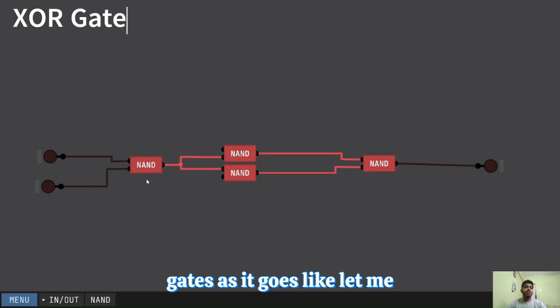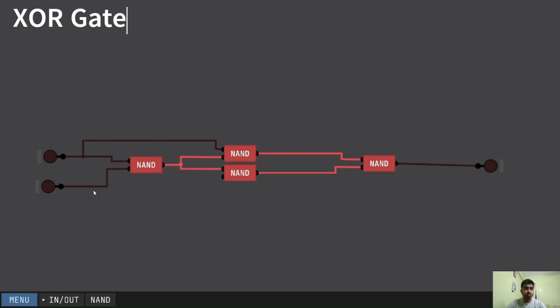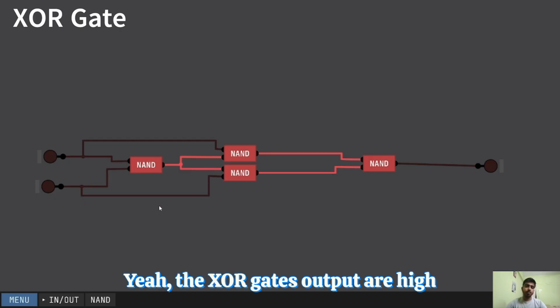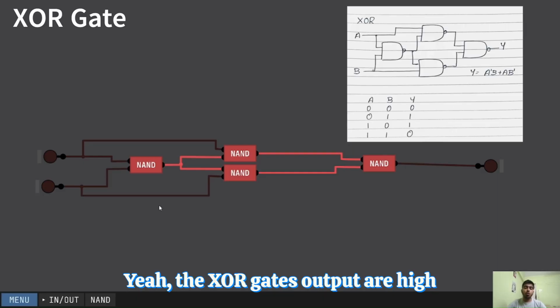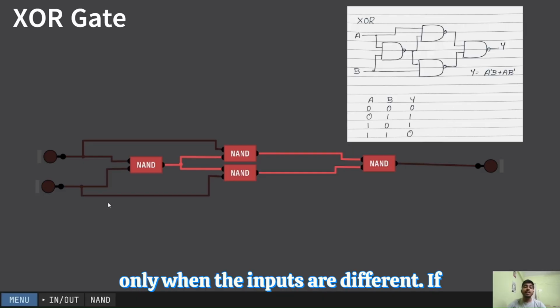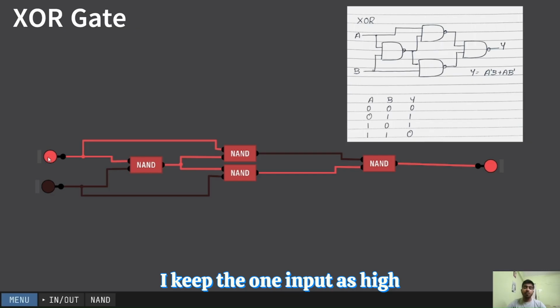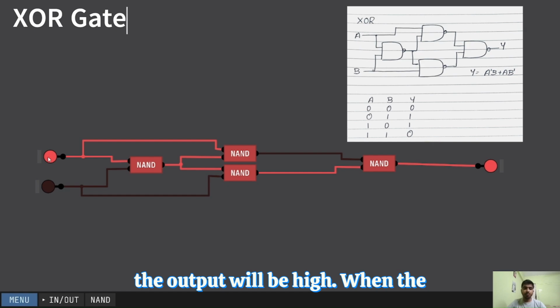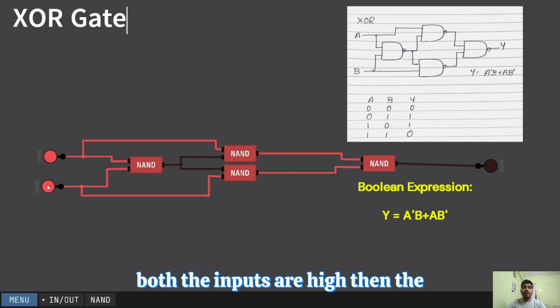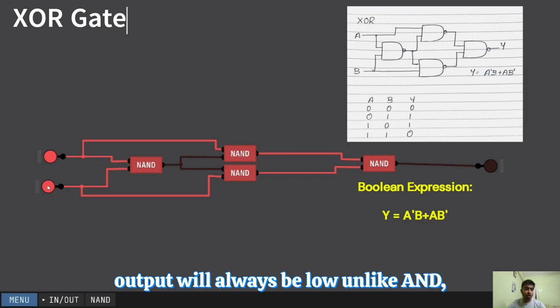As it goes like this, let me connect this with the NAND gates. The XOR gate's output is high only when the inputs are different. If I keep one input as high and the other input as low, then the output will be high. When both the inputs are high, then the output will always be low.